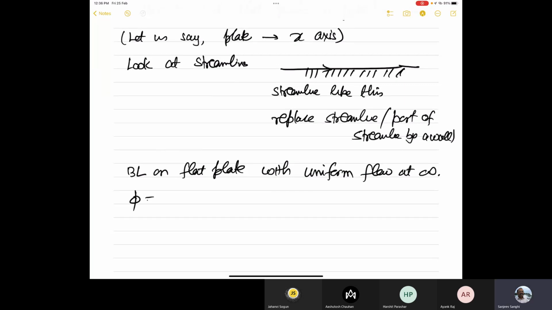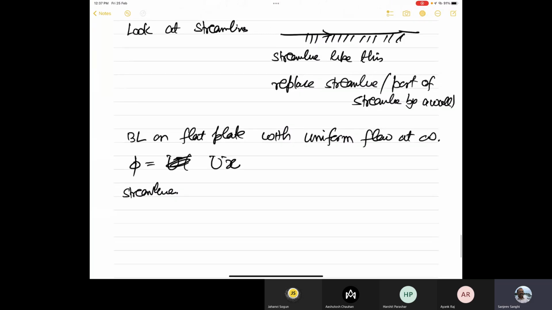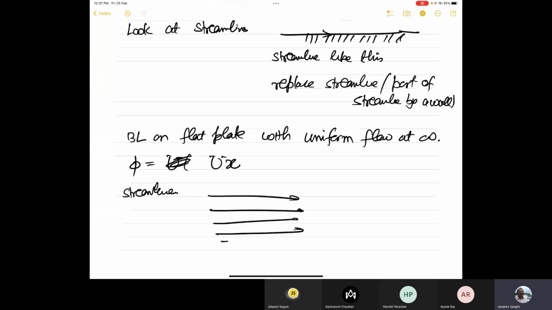So if we have a potential flow with stream potential given by phi equal to U x, then the streamlines in this flow, which you have plotted in your first course, look like this for uniform potential flow.